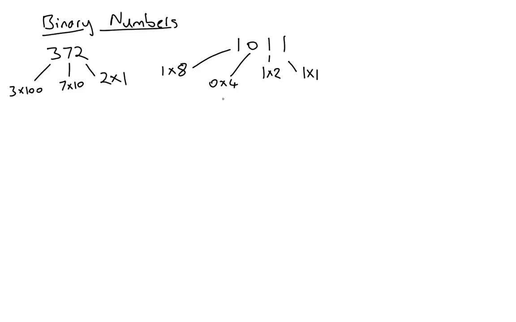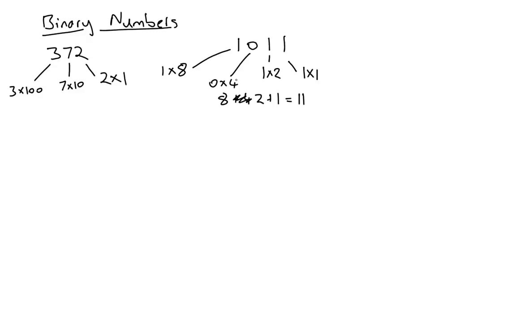So altogether the number in decimal is going to be 8 plus 2 plus 1, because we've got no 4s, which is 11. So this is 11 in binary. Let me just check that. We've got 1 plus 2, that's 3, plus no 4s, and 8, so that's 11.